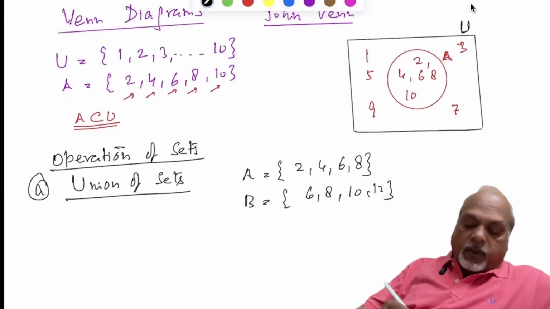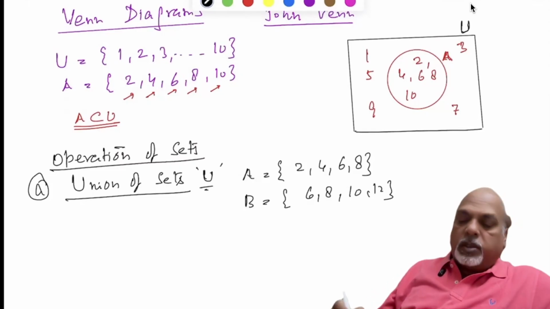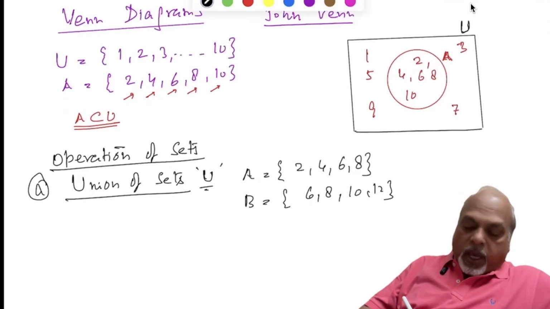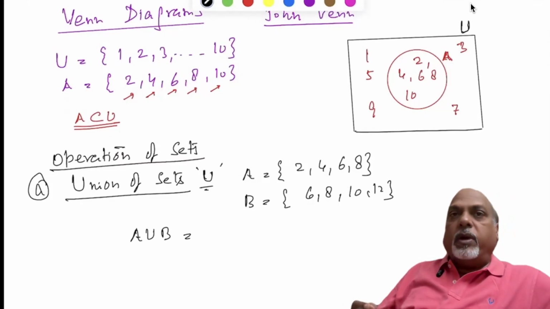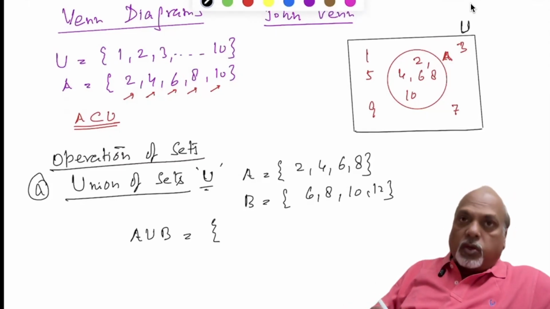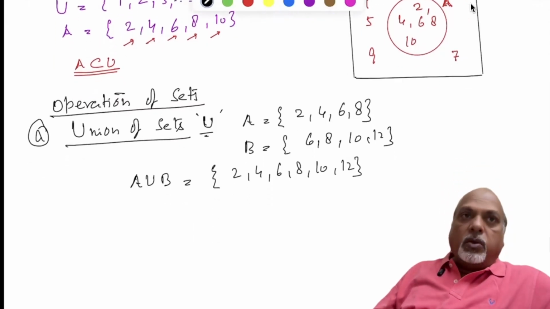The union is denoted by this symbol. So A union B will be what? Whatever elements are there in A and B, we write all those elements. That is the union: 2, 4, 6, 8, 10, 12. Correct. So this is the union.